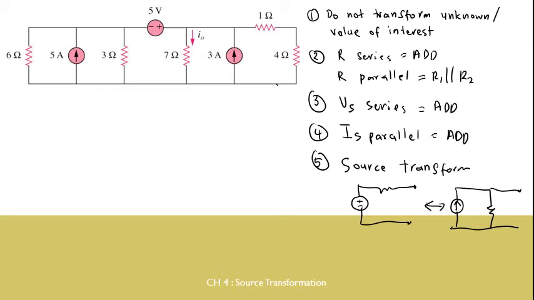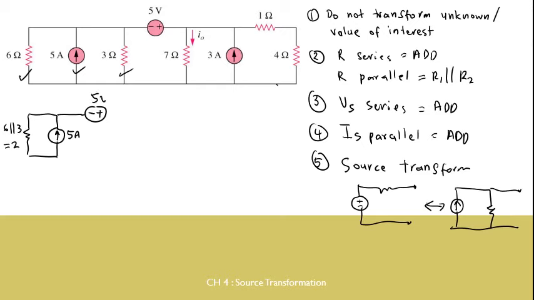Alright, for your example here, since 6 and 3 are in parallel, you can do the 6 and 3 in parallel, then you will have 2 here, and you have 5 going up, just draw as it is, and then you have a negative plus here.